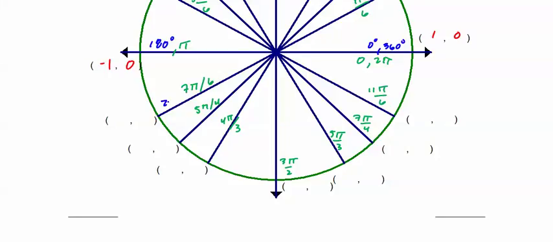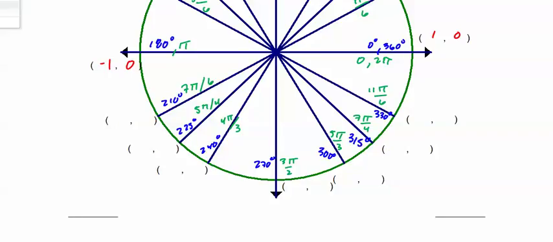Degrees. 210 degrees, 225 degrees, 240 degrees, 270 degrees, 300 degrees, 315 degrees, 330 degrees.